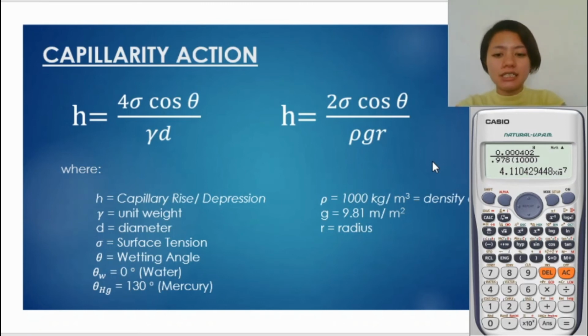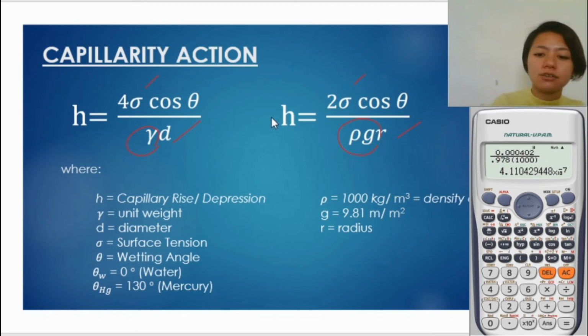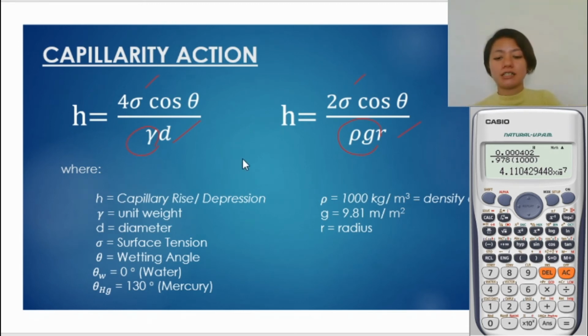So ang difference nila no kay ang gamit diri sa isa is diameter, ang isa is radius. Dayon ang kaning omega muna siya imong surface tension. Then diri unit weight times gravity, density times gravity ang gamit din diri is unit weight na. So either ana nga duha makuha ni mo ang answer ana siya.